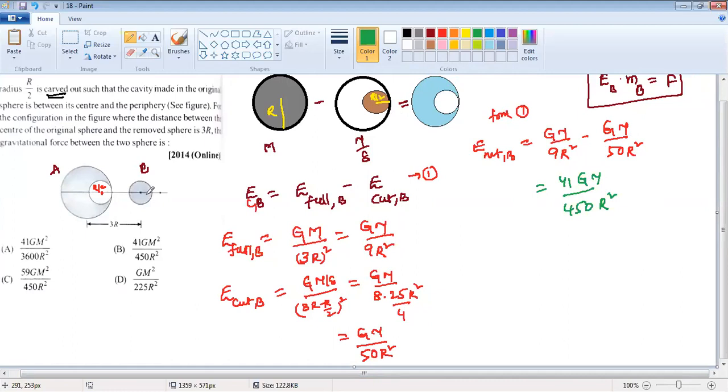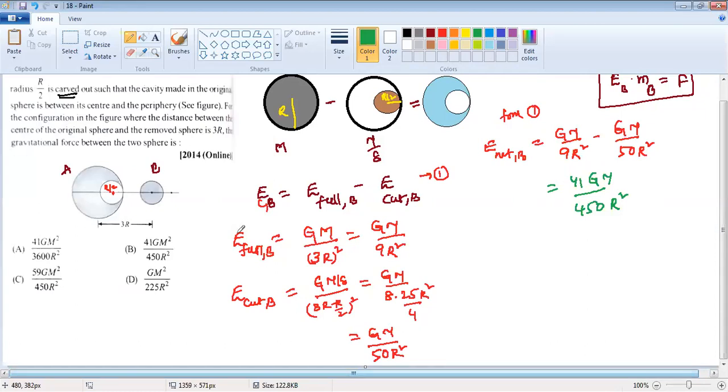So field at B. Again, what is the mass of B? Look at the question once: how much removed sphere is kept at this position. So the mass of B is nothing but the removed part. Now the force equals mass of B into the net field at B. The mass is m by 8, because only the removed part is placed at the 3r distance.